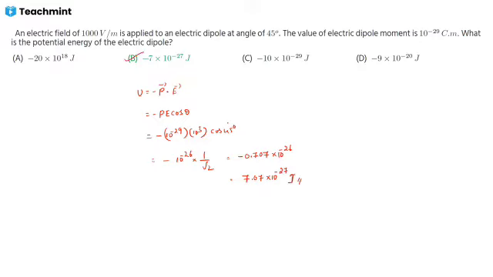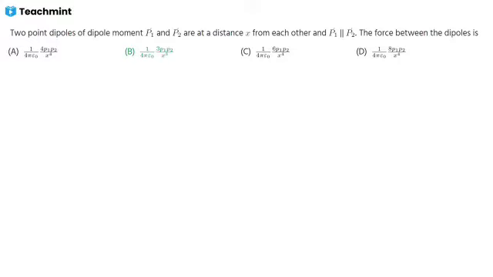Now, let us move to the next question, children. See, 2 point dipoles of dipole moments P1 bar and P2 bar at a distance x. That means it is like two short dipoles, children. So this is of dipole moment P1 bar and this is one more short dipole of dipole moment P2 bar. Both are having some distance x. Now the force between them.